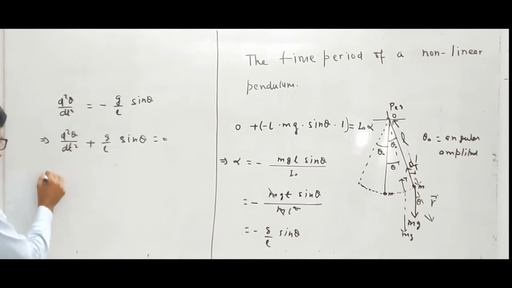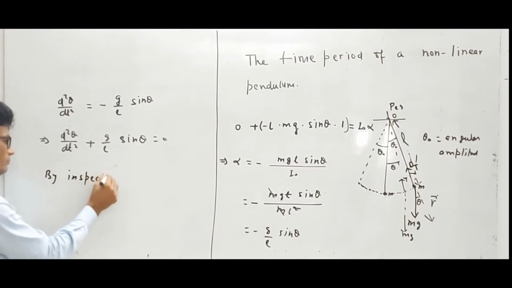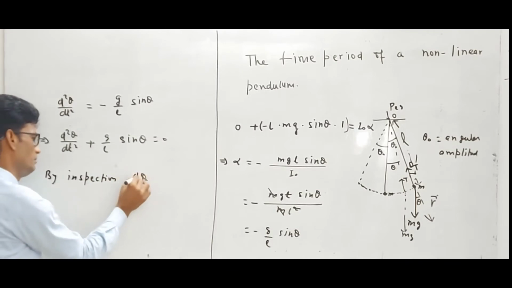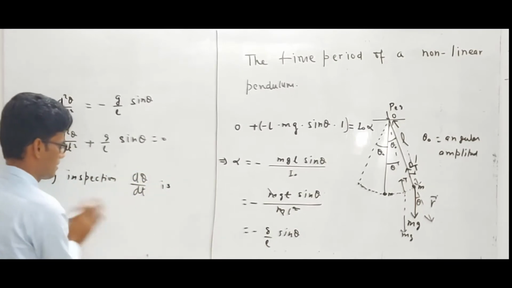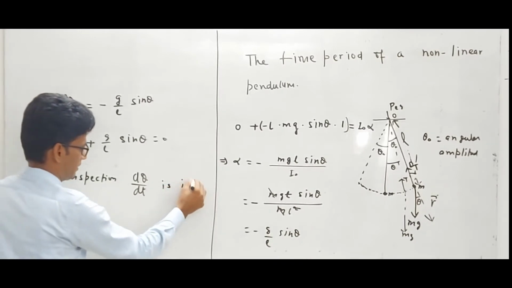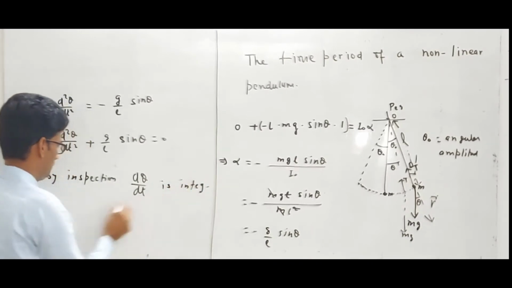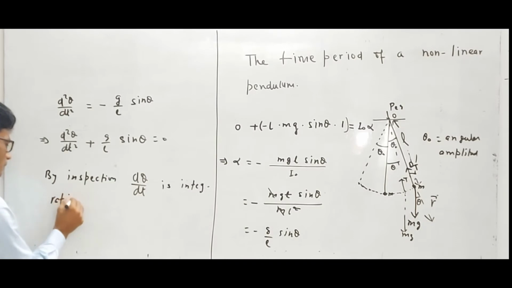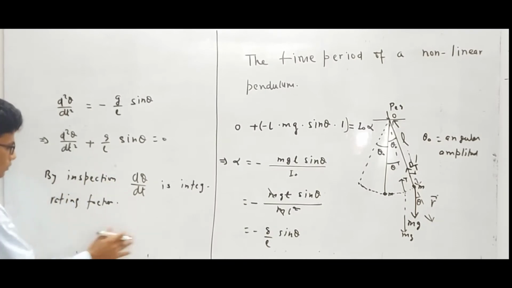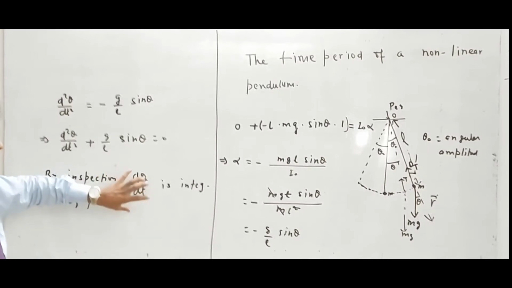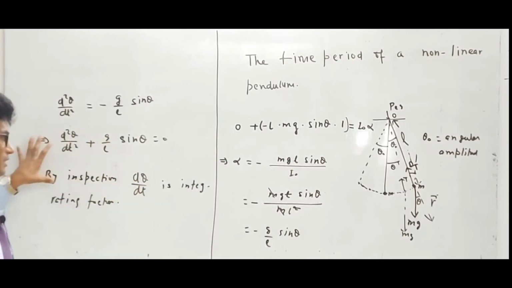So we have to multiply this by this integrating factor on both the sides.